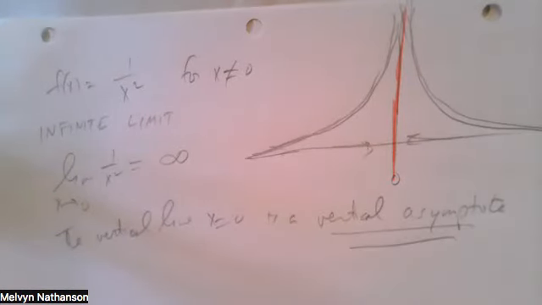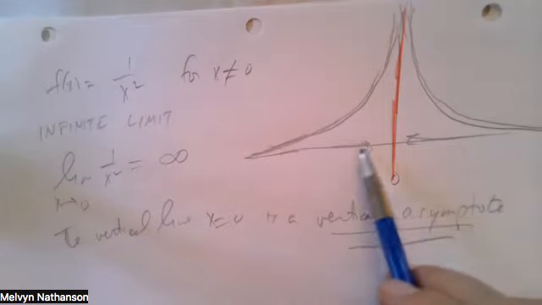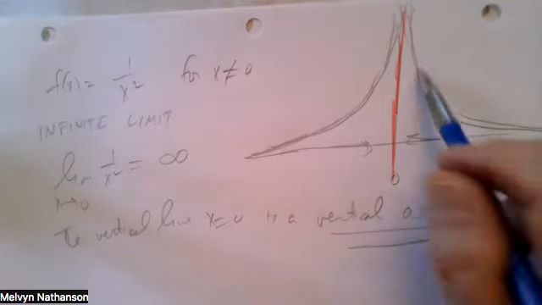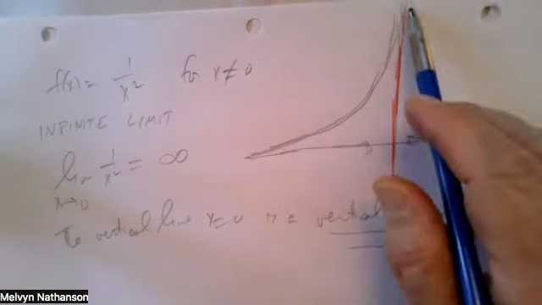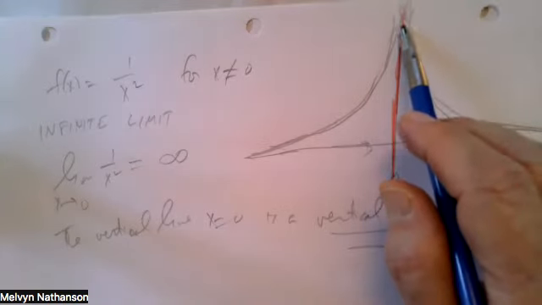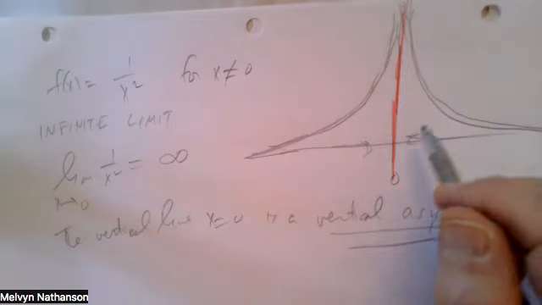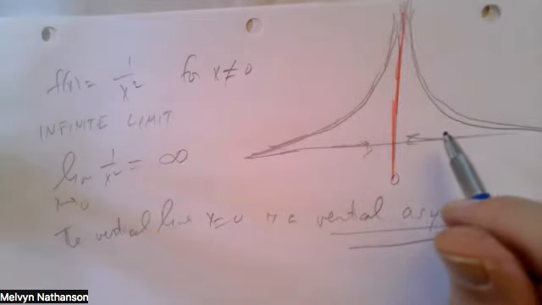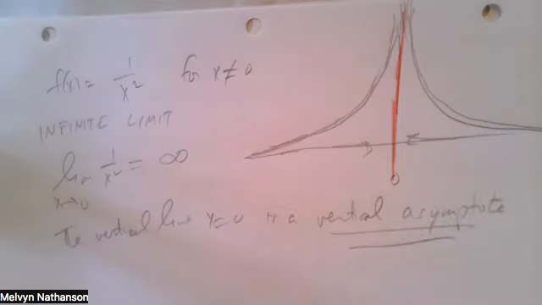That means as x gets closer and closer to 0 from the left or the right, the curve is approaching this vertical line, never touches it, but it gets closer and closer and closer as you get closer and closer to 0. So this is an example of what is called a vertical asymptote.